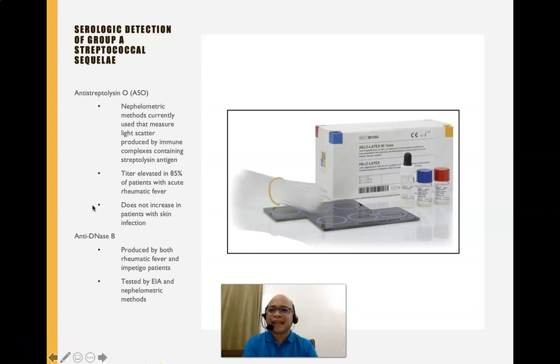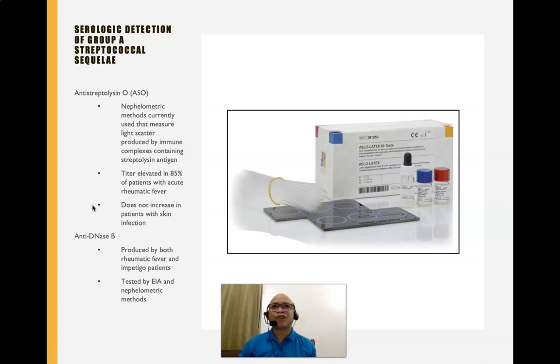Before I discuss ASO, let me point out that there are two types of streptolysin produced whenever we are infected with streptococcus. We have streptolysin O, and the other one is streptolysin S. Let's talk about streptolysin S first.